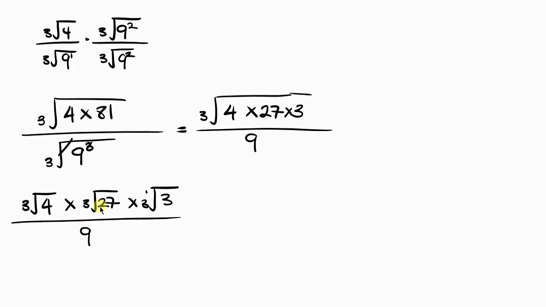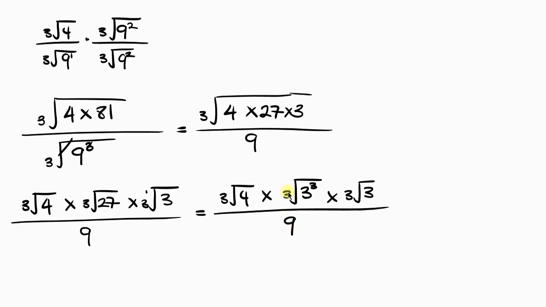Now, remember that 27 is a perfect cube. So this can be simplified into the cube root of 4 times, since 27 is a perfect cube, it can be written as 3 cubed. That's it. So times the cube root of 3 all over 9.